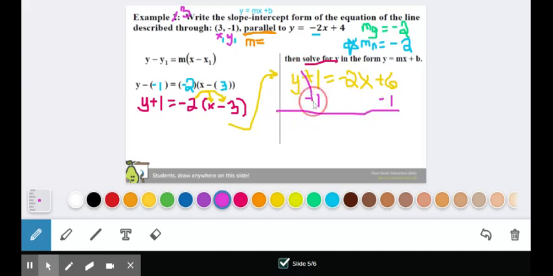Okay, +1 minus 1 is 0, so that cancels out. So I'm left with y equals -2x. 6 minus 1 is +5, so it'll be +5.